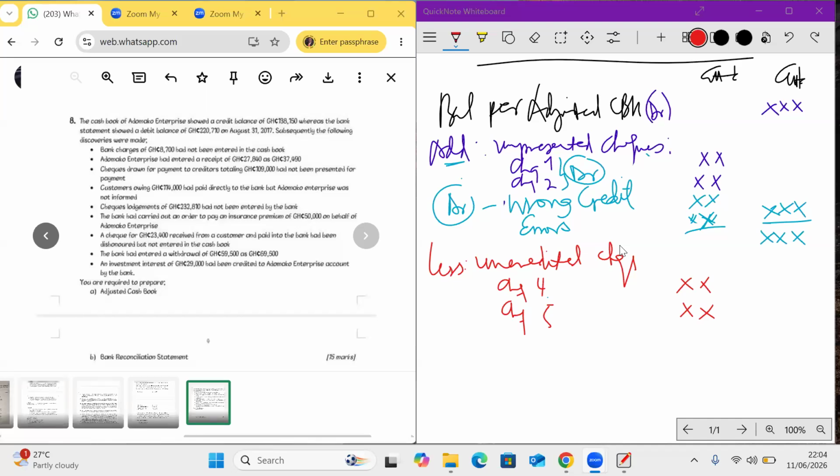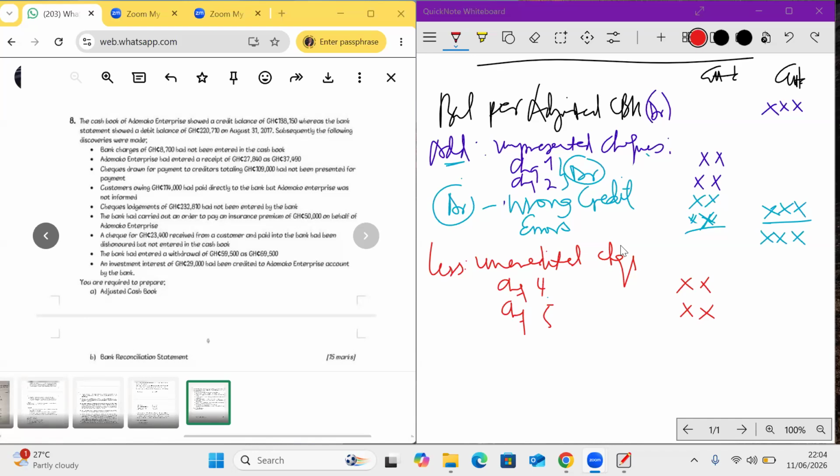If it's a check, it has to be taken to the bank and the bank will credit it. But within the date of the reconciliation, they didn't see the money on the statement. As at that date, it will be classified as what? Uncredited check. Are you good?